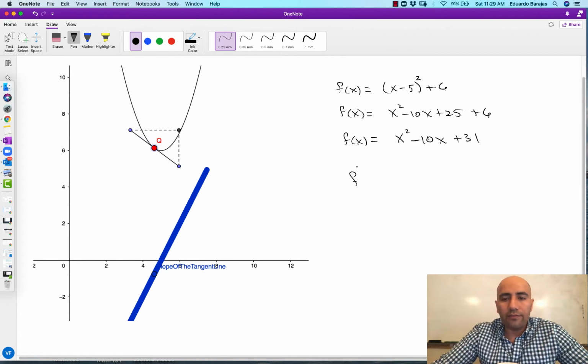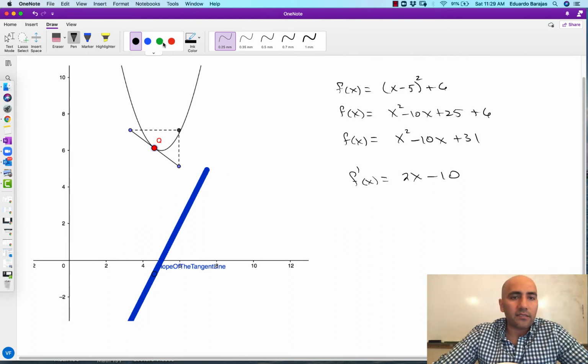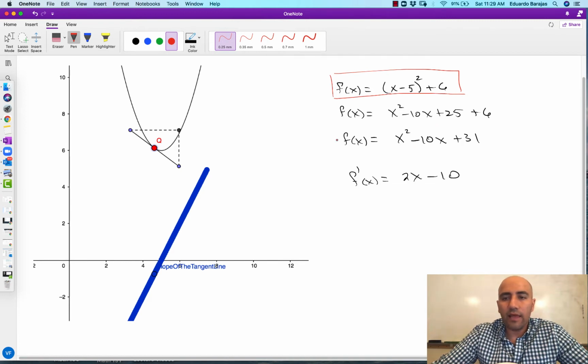Okay, so now if we find the first derivative of this function, that's going to be equal to 2x minus 10. This is the equation of this guy. So let's box it up. We have our original function. So now we can work with either this one, the original one like this, or of course it's the same thing if we expand it all out and work with this one. And then we have our first derivative.